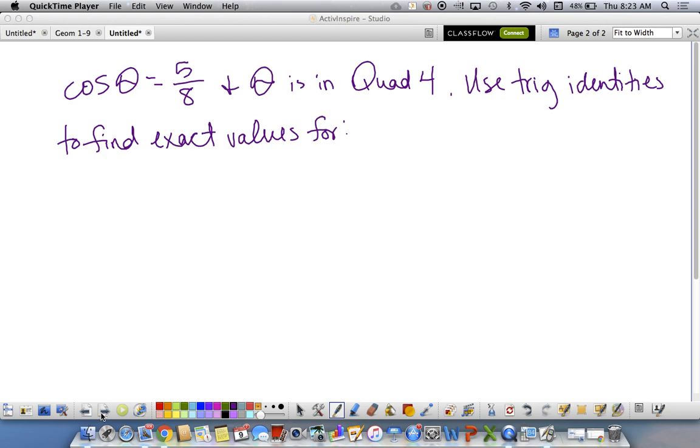All right, maybe I'll just write all of them. Sine theta. Tan theta. And secant of negative theta. Yes, find all 3. 1, 2, 3 problems.